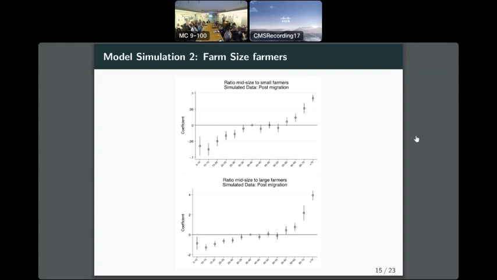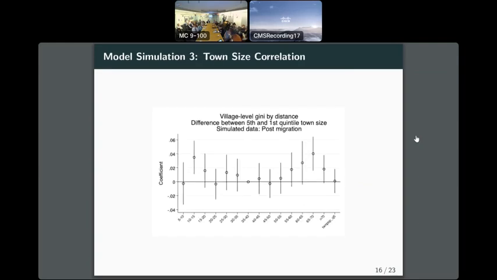Obviously it's not as clean as our empirical data, but you do see all the patterns being sort of replicated with the empirical data. The second one is about showing that the observed inequality is actually being driven by fewer mid-sized farmers, relative to both small farmers as well as large farmers. And finally, you also see the gradient getting worse with town size, so as the towns become large.